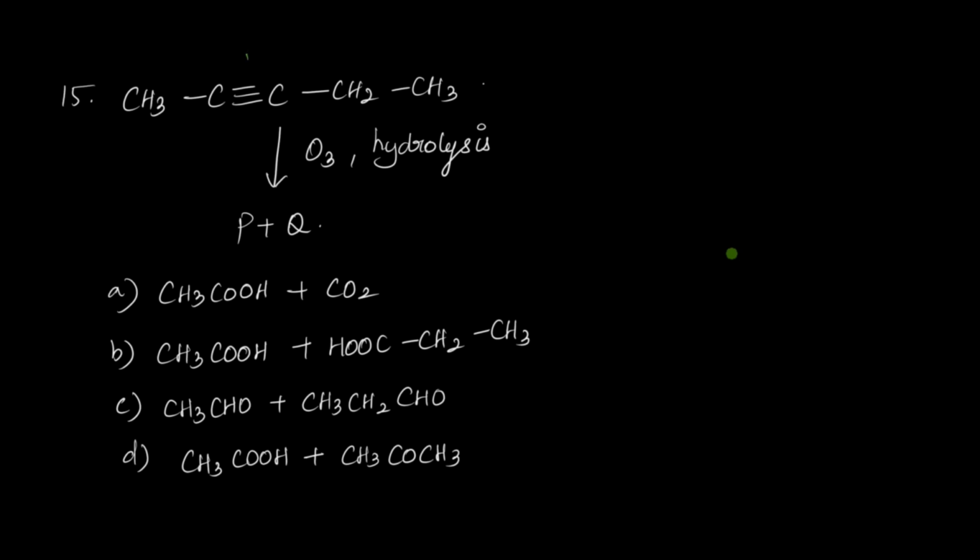Followed by hydrolysis means you are going to break the bond and that product will undergo oxidation. As you can see, this will give you an aldehyde, this again will give you an aldehyde, and that undergoes oxidation, leading to the formation of carboxylic acid. So the answer to this question becomes option B.